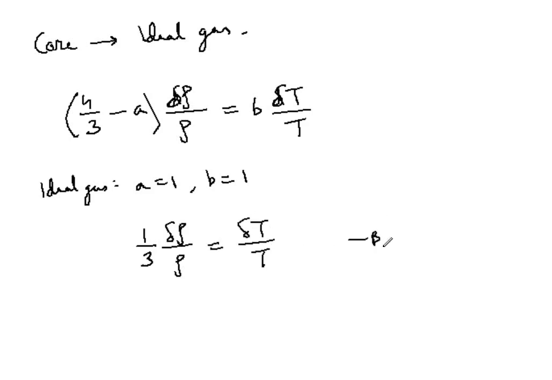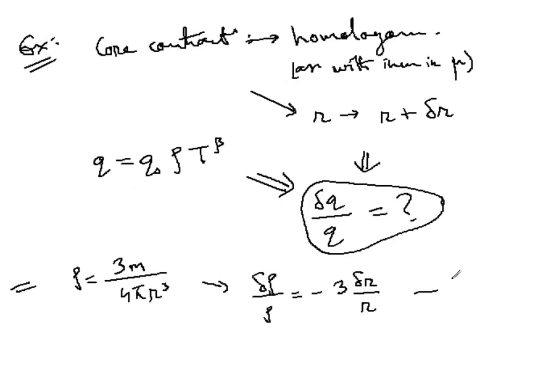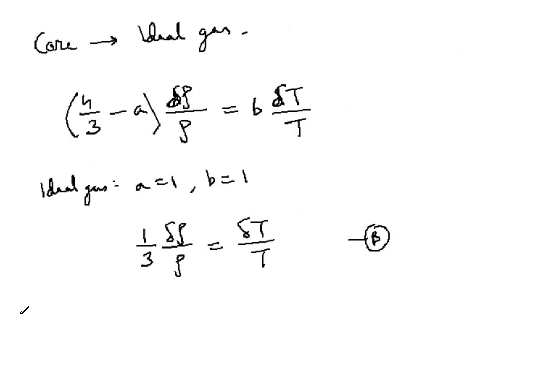Now if this is result B and previously we have this result A, then we can combine the two of them.